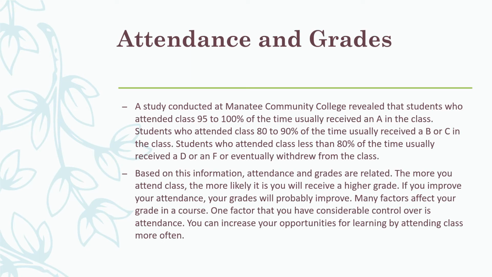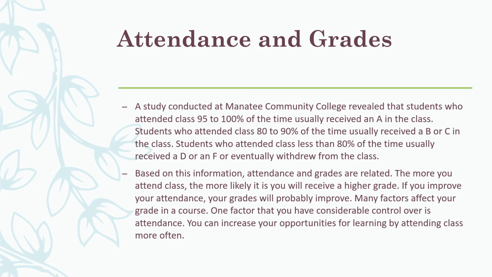Now, let's look at an example. It says here, a study conducted at Manatee Community College revealed that students who attend class 95 to 100% of the time usually received an A in the class. Students who attended 80 to 90% of the time usually received a B or a C. Students who attended the class less than 80% of the time usually received a D or an F, or eventually withdrew from the class.